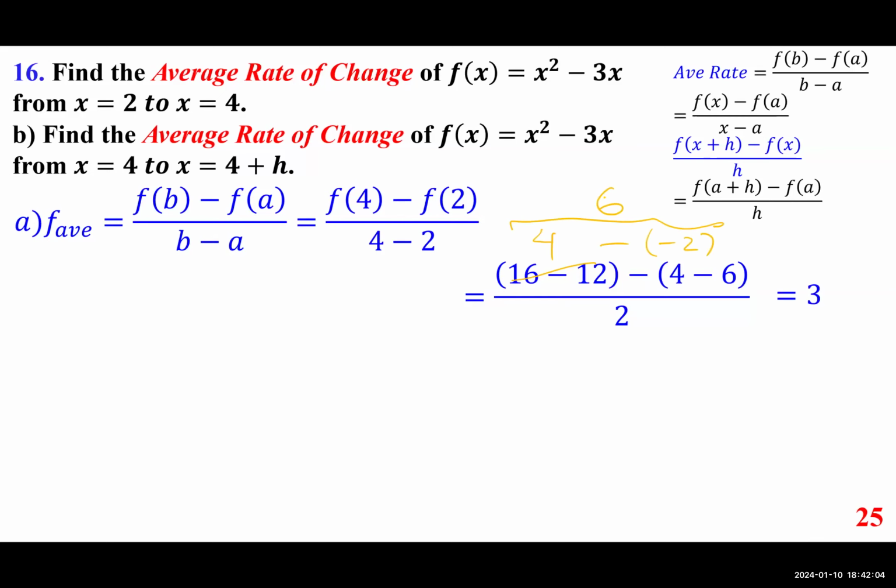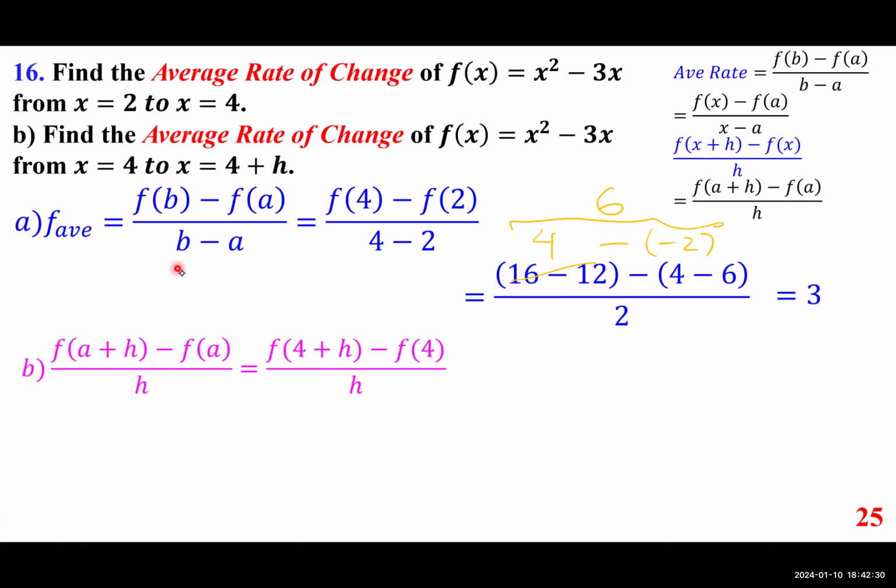For the second part, we are going to use the same function, but now from 4 to 4 plus h. So we want f of 4 plus h minus f of 4 over 4 plus h minus 4.